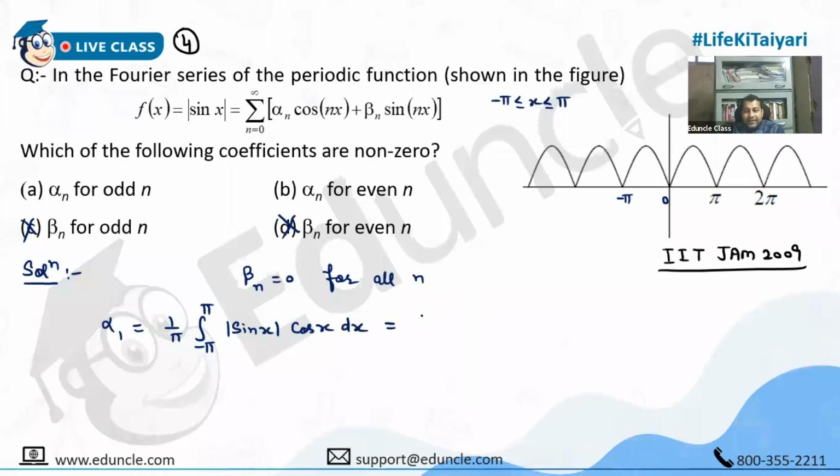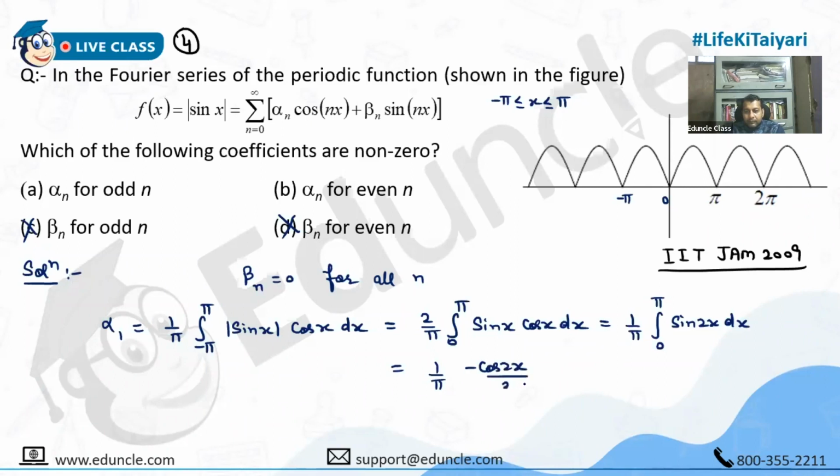Because alpha 1 is easy to evaluate. See, it comes out to be 0.